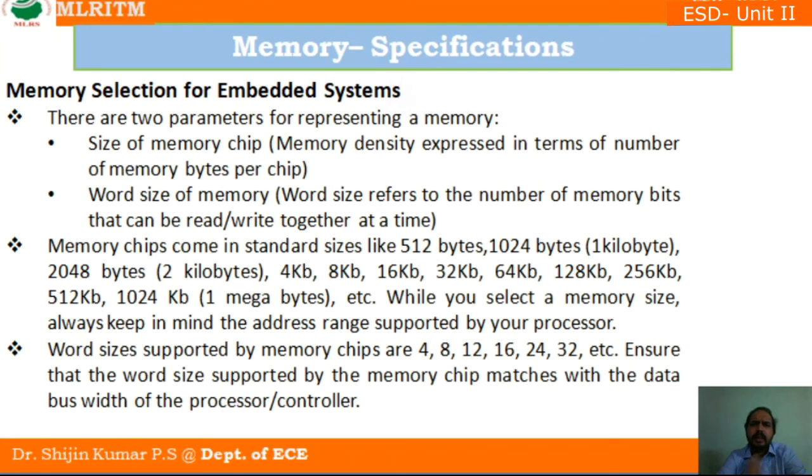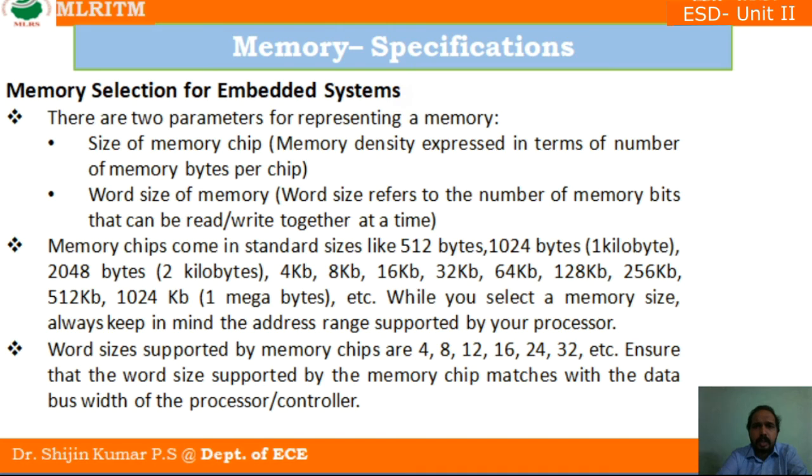So there are mainly two parameters for representing a memory. One is size of the memory chip. Size of the memory chip means we will usually say like the chip is 128 MB or 256 MB.